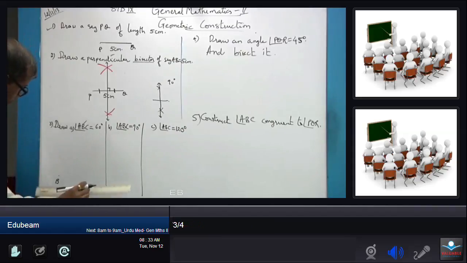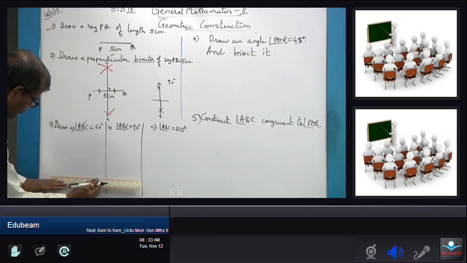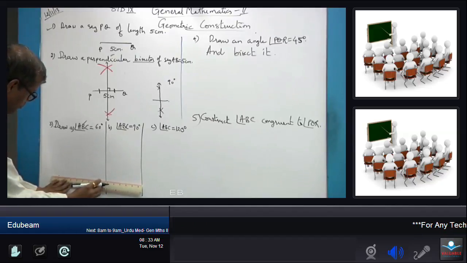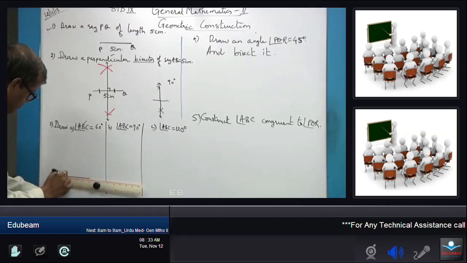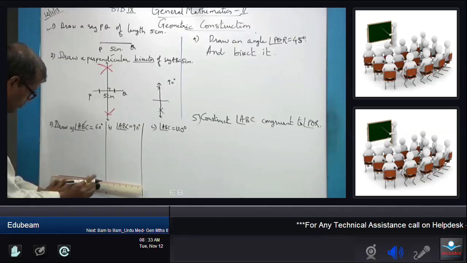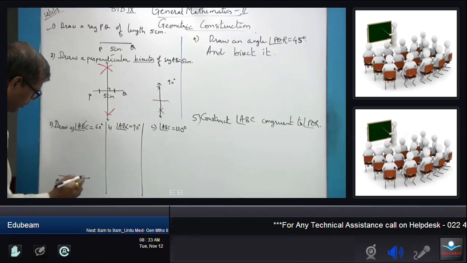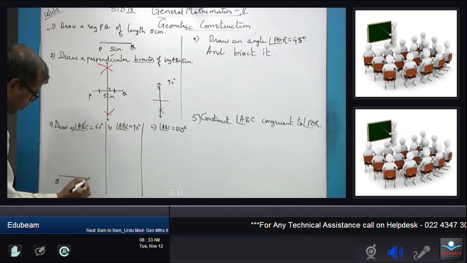C 0, 10, 20, 30, 40, 50, 60, 70, 80, and 90. And join it, and that will be your point on top, and this is your angle ABC.